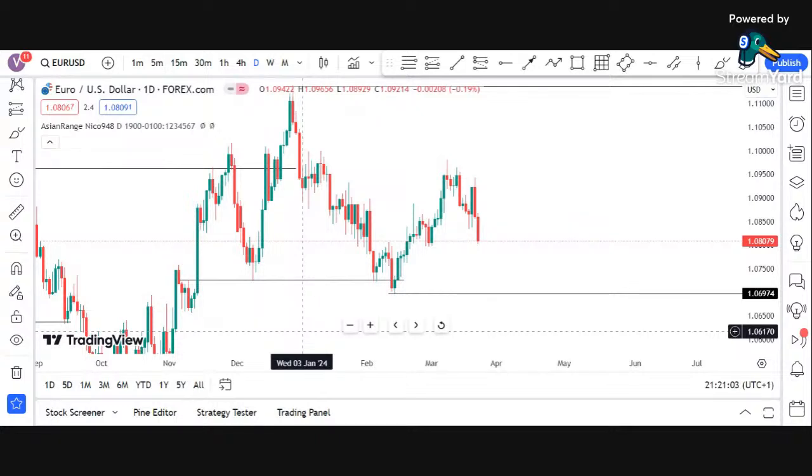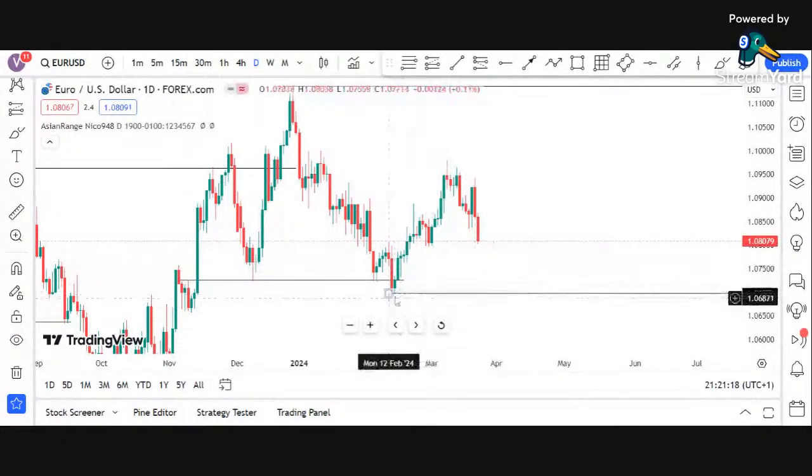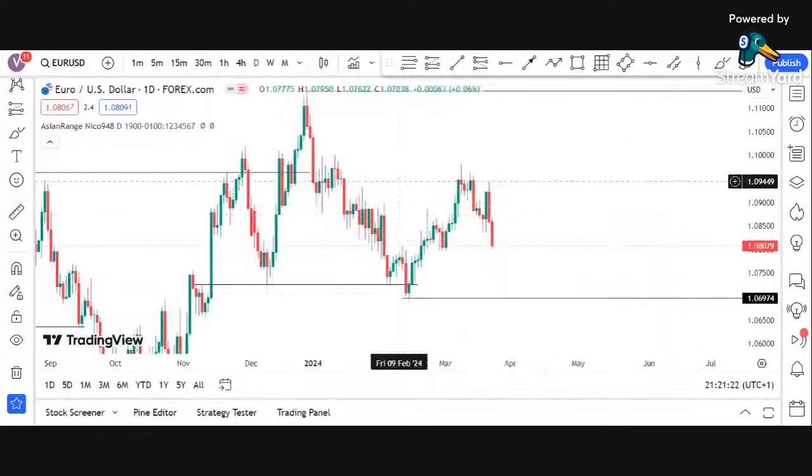So you should be very careful to not assume that, okay, that is a break of structure, because you might just be wrong, because markets can do anything. So if we don't see that this low is taken out, we are not sure where the market is going to. All right.